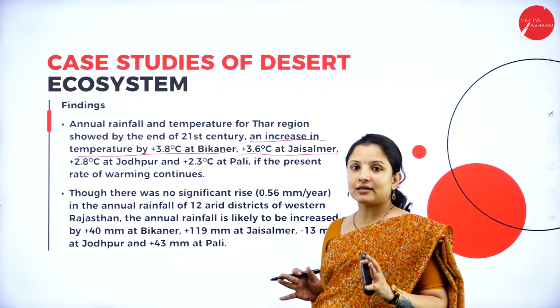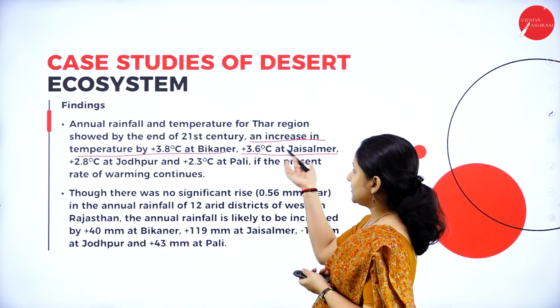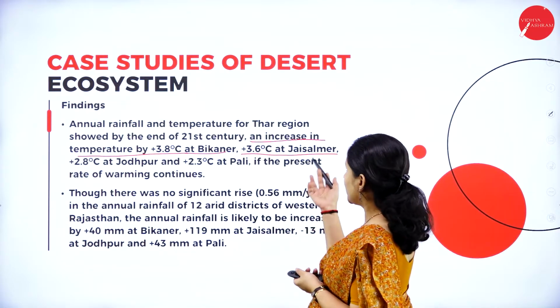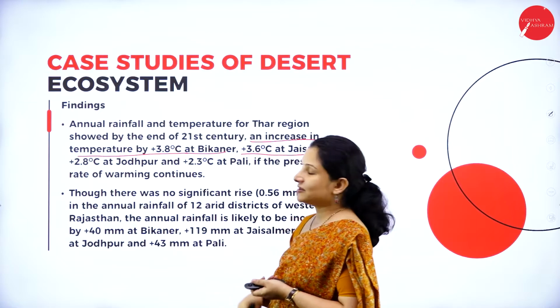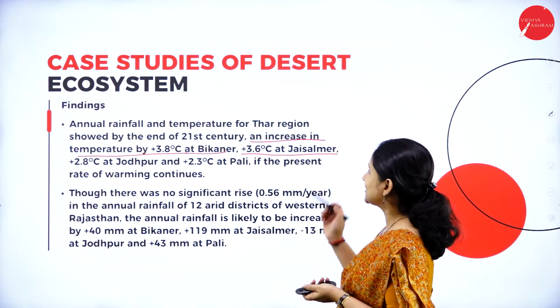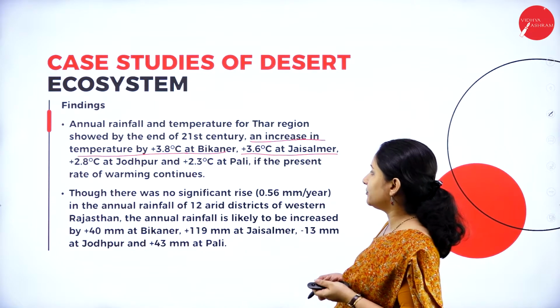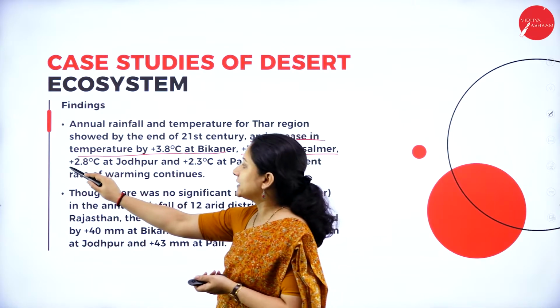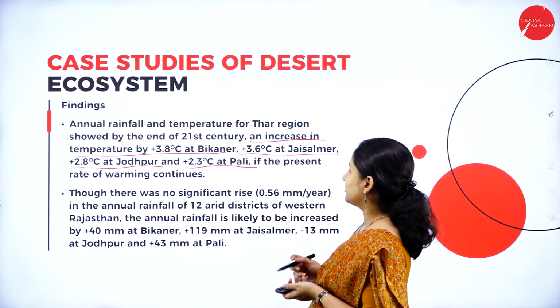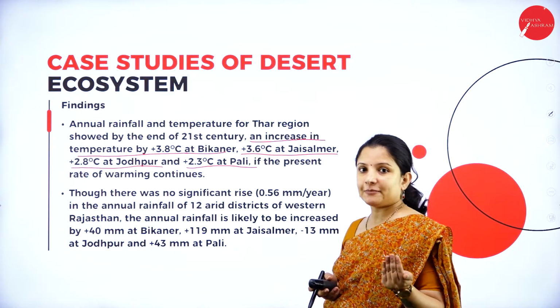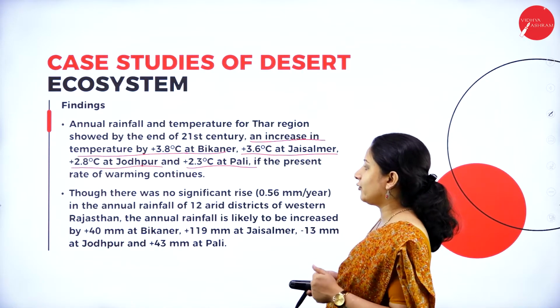Research was conducted and they found that by the end of the 21st century, there was an increase in temperature by 3.8 degrees Celsius at Bikaner, 3.6 degrees Celsius at Jaisalmer, 2.8 degrees Celsius at Jodhpur, and 2.3 degrees Celsius at Pali, compared to the previous temperature. So much increase was found.